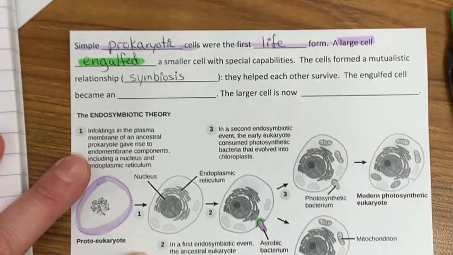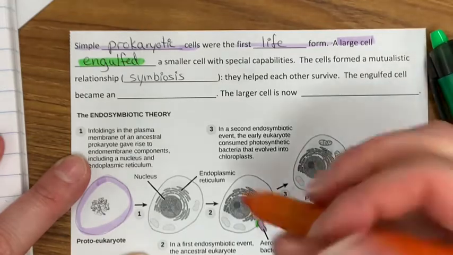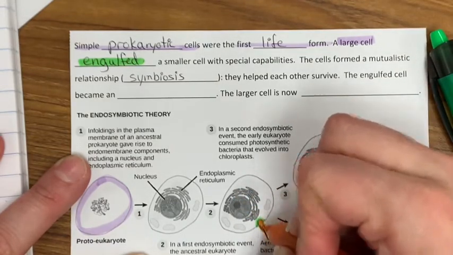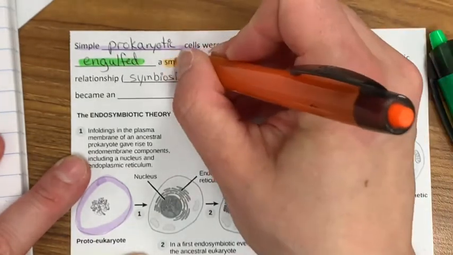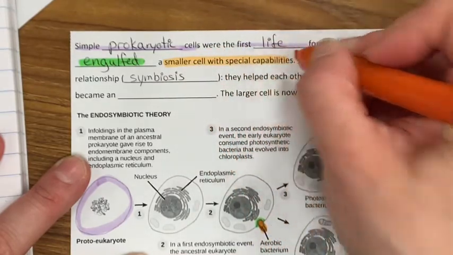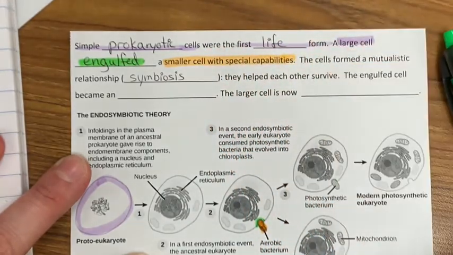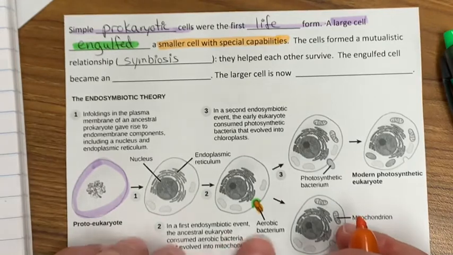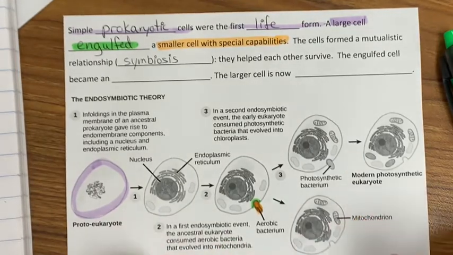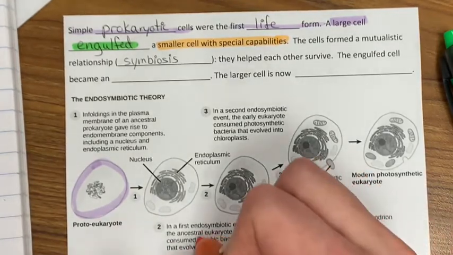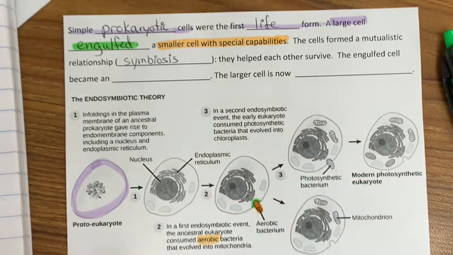Oops, different color. This little cell right here. This is the smaller cell with special capabilities. Okay? In this case, the special capability was the ability to do aerobic respiration. Be able to do cellular respiration, basically.